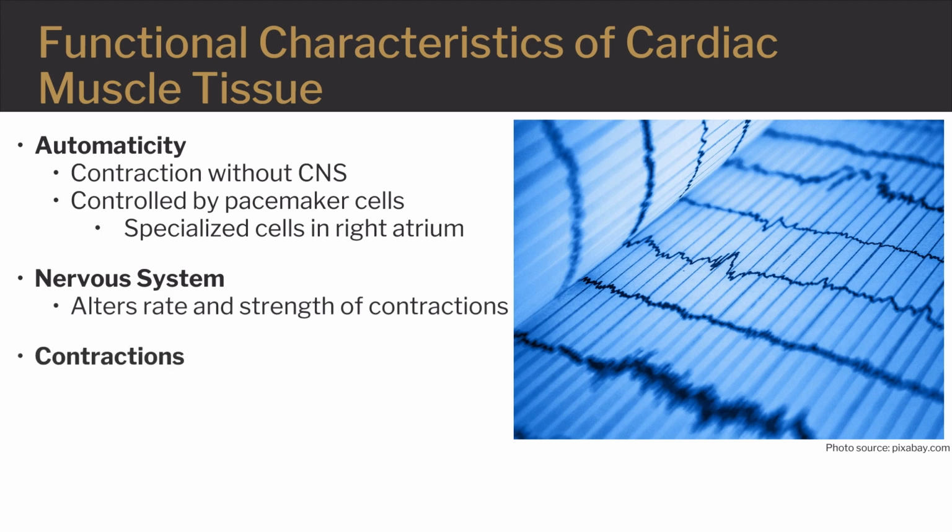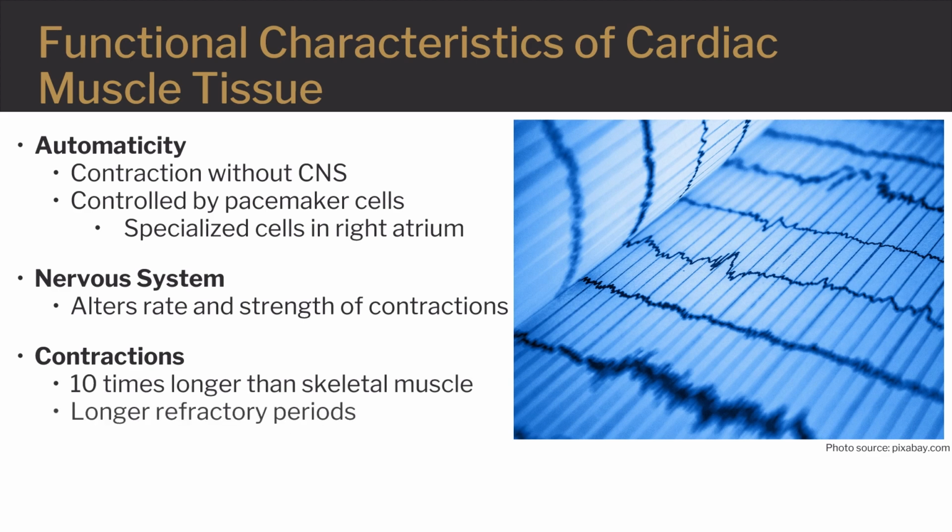Contractions of the cardiac muscle tissue are 10 times longer than skeletal muscle to allow for prolonged expulsion of the blood from the heart, and there is a longer refractory period. The longer refractory period can allow a premature contraction to occur, which could result in irregularities of the heart rate, such as cardiac arrhythmias.